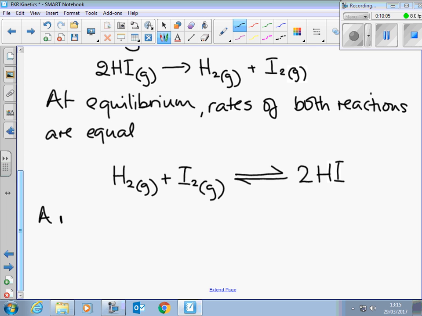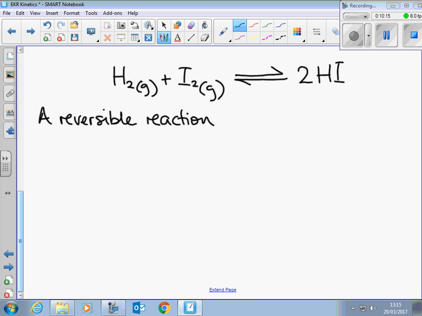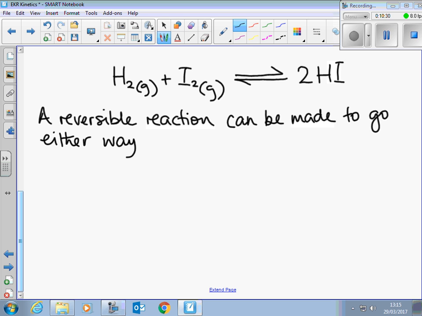So okay, it can be made to go either way. Well, theoretically it can, right? In reality, there will be well nigh impossible reverse reactions.